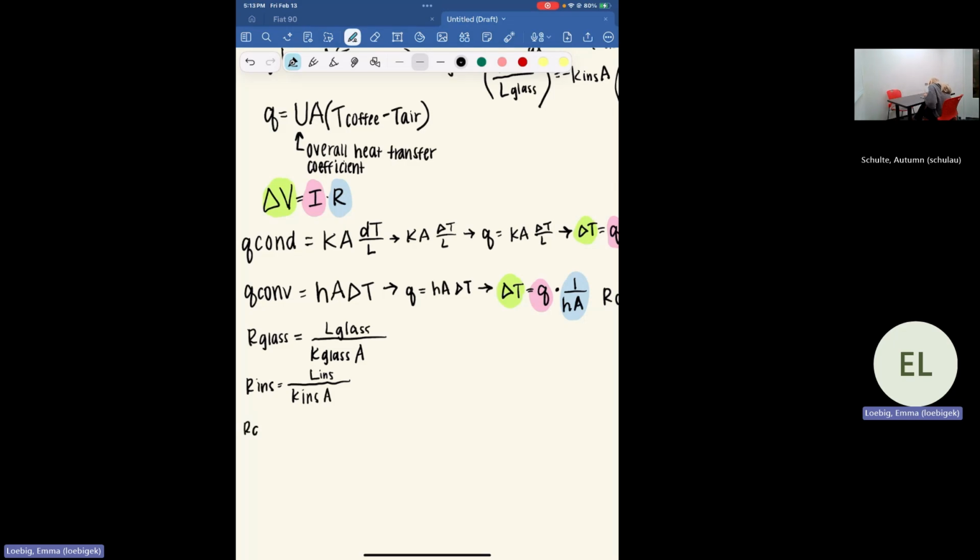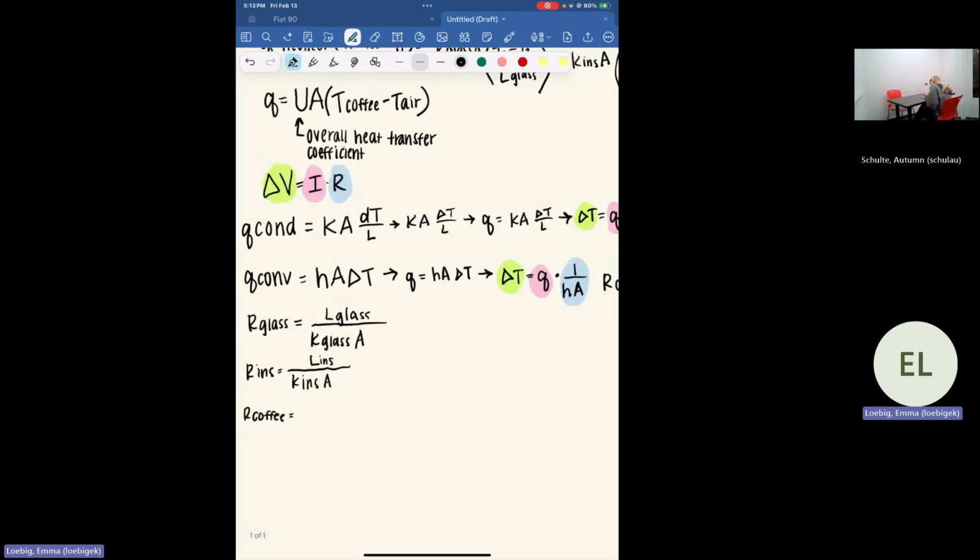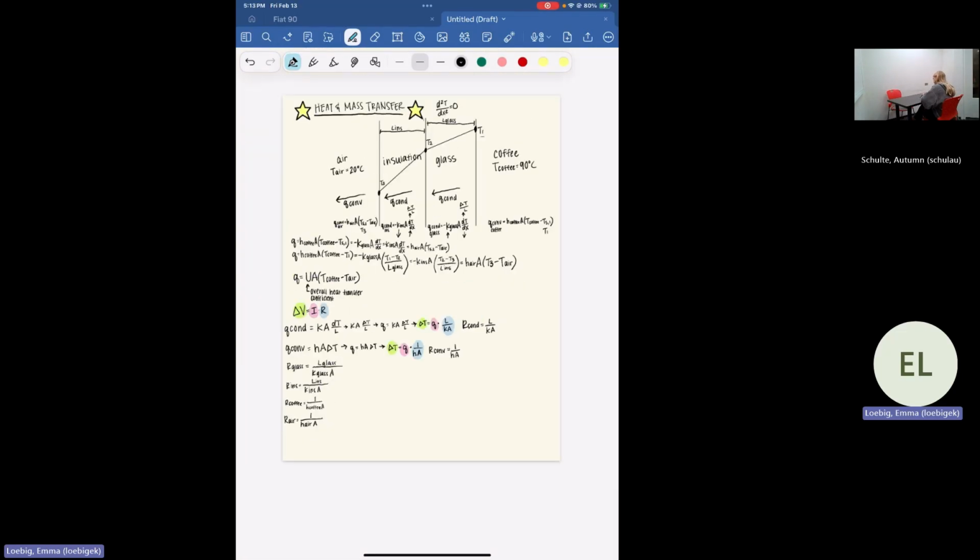The resistance term for coffee is going to be our resistance convection term, 1 over HA. So 1 over the heat transfer coefficient for coffee times the area. Same for the air. It's going to be 1 over the heat transfer coefficient for air multiplied by the area.